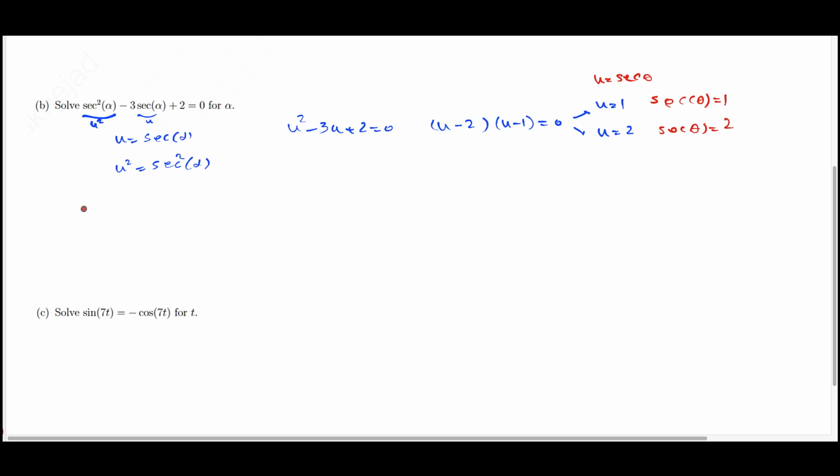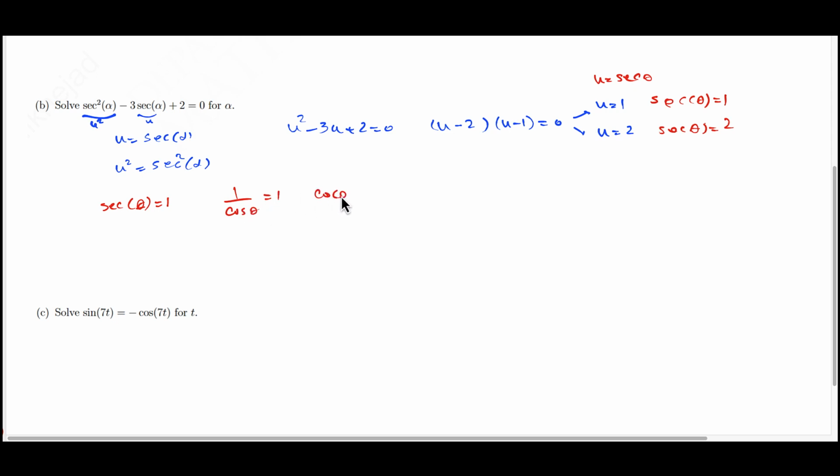Now coming back, if secant of theta is equal to 1, I'm more comfortable with cosine and sine, so I replace it by 1 over cosine theta equal to 1.